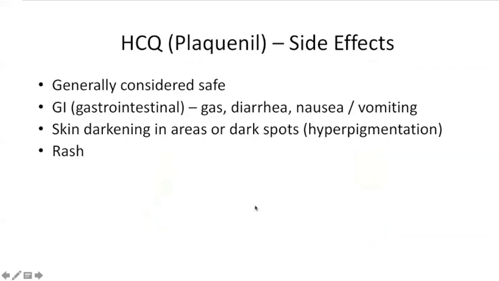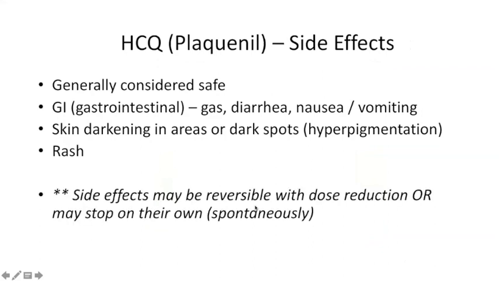So as mentioned regarding the side effects of Plaquenil, it is generally considered to be safe, but there are some gastrointestinal side effects that have been described: gas, diarrhea, nausea, and vomiting. There have been skin changes that have been described, like darkening of areas or rash.